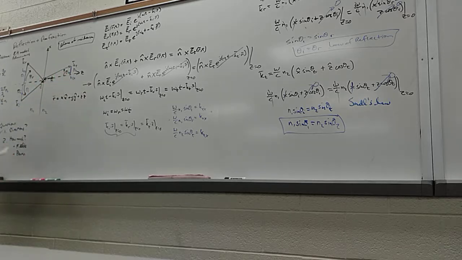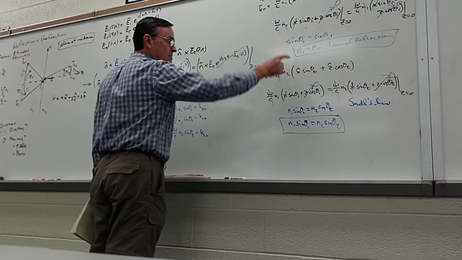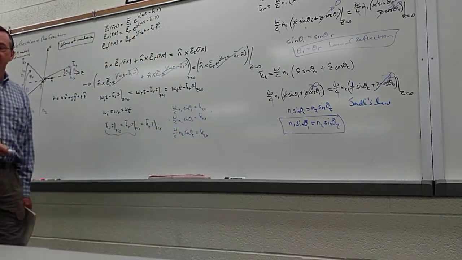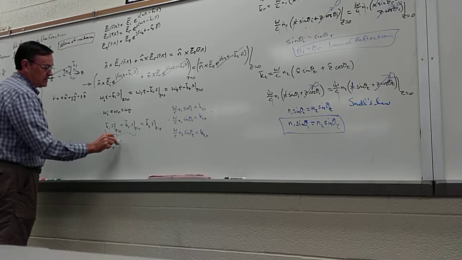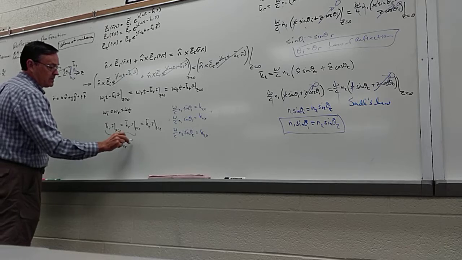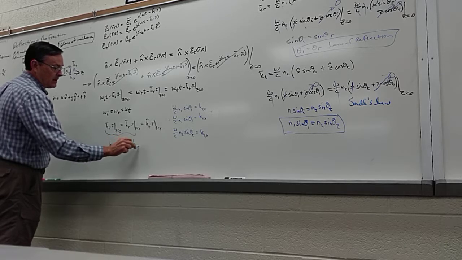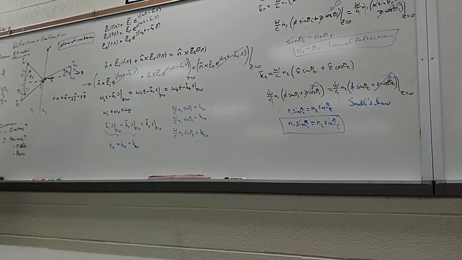And notice what the law of reflection and the law of refraction are saying is just that, which is what this says: k_Ix is k_Rx is k_Tx. So the x components of the wave vectors are the same, which is the law of reflection and Snell's law together. That's what they're saying. The x components of the wave vectors are the same.